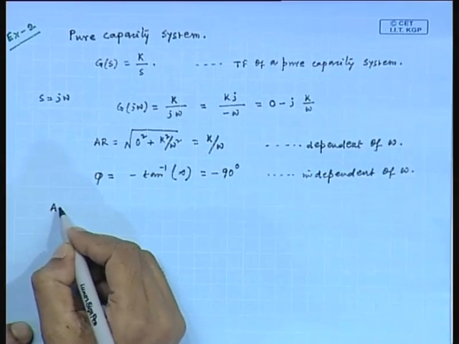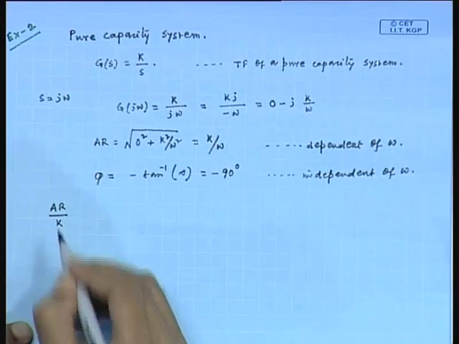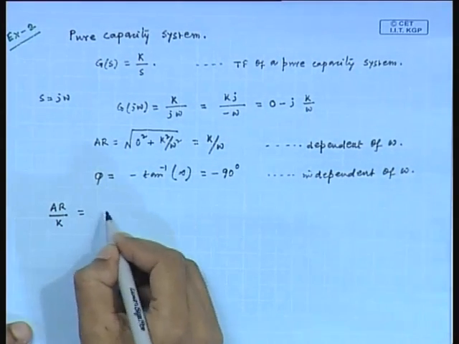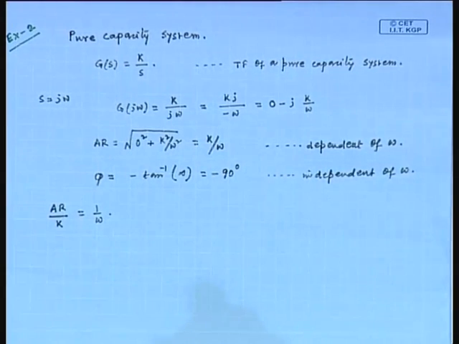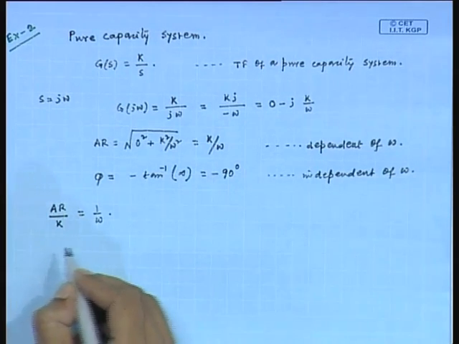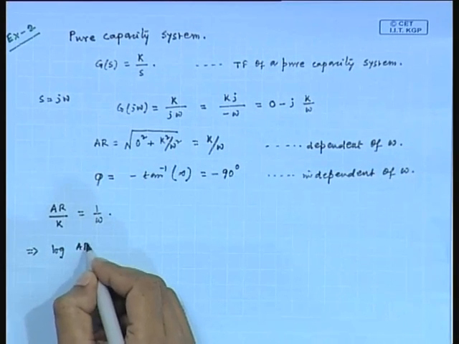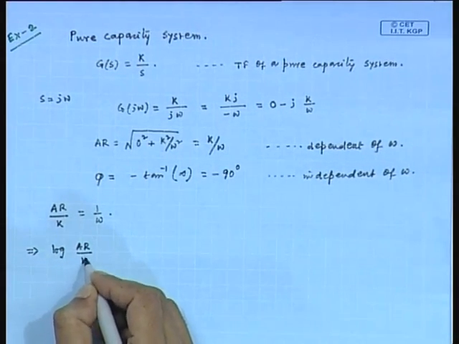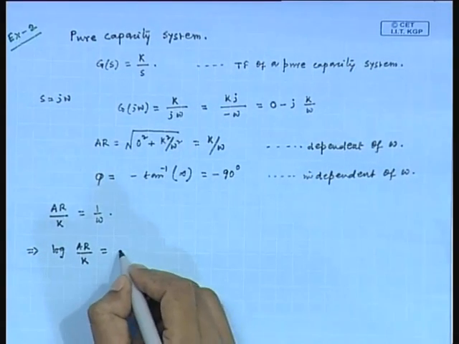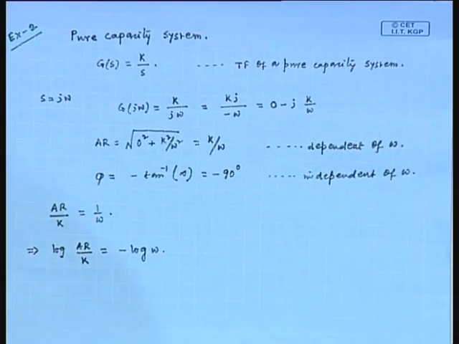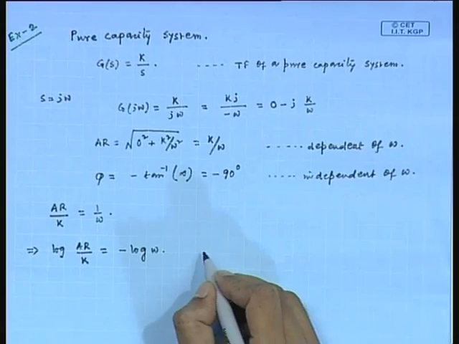Now, we can write the amplitude ratio as amplitude ratio by k equals 1 by omega. Can we rearrange the expression of amplitude ratio in this form? If we take logarithm, then we obtain log amplitude ratio by k equals minus log omega. So, this is basically a straight line with slope minus 1.